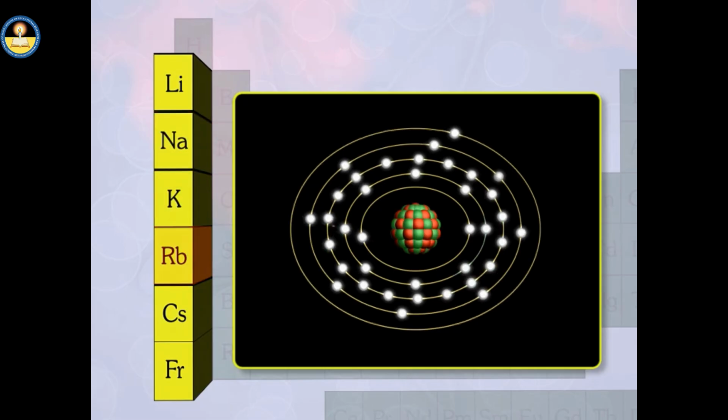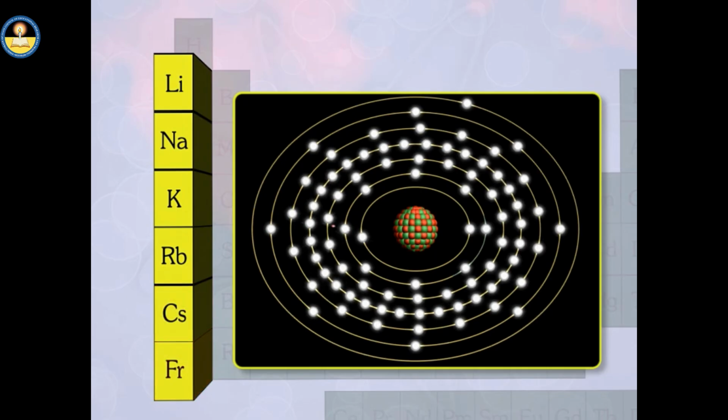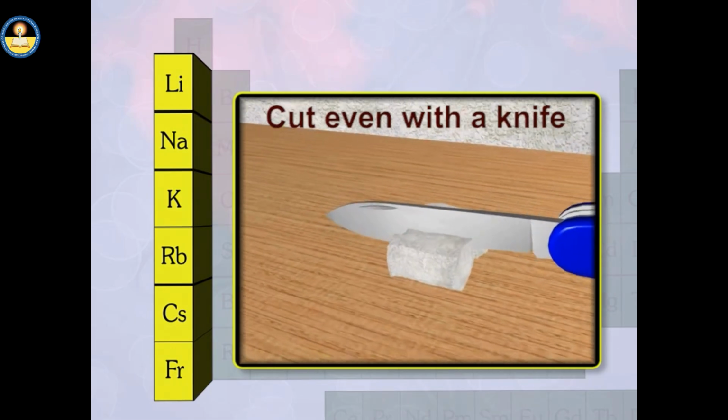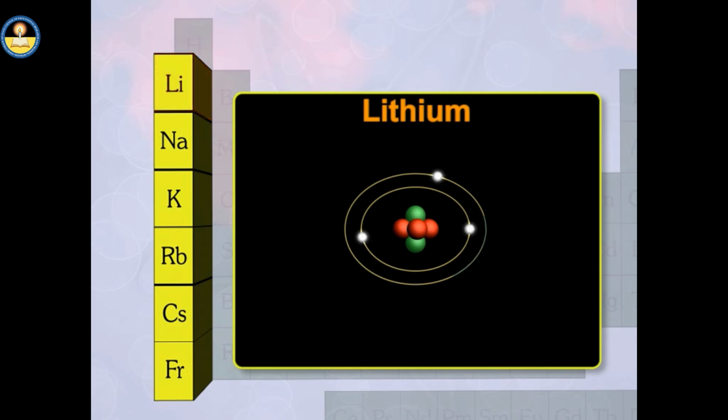Therefore, the metallic bond is rather weak and as a result, alkali metals are quite soft. They can be cut even with a knife. Lithium, the first element, is the hardest since its kernel is the smallest in size.